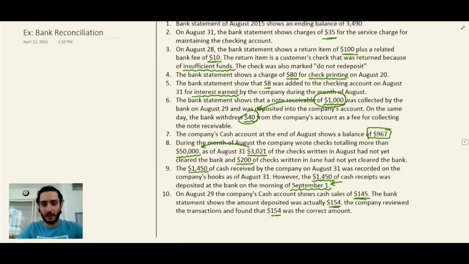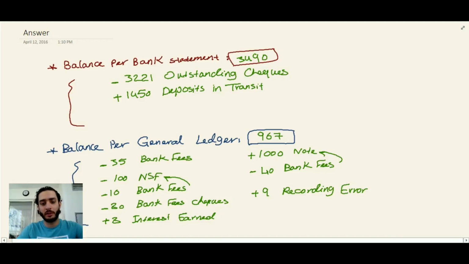And now we are done with our case here, so we'll go and sum all of these adjustings, and it should be balanced.